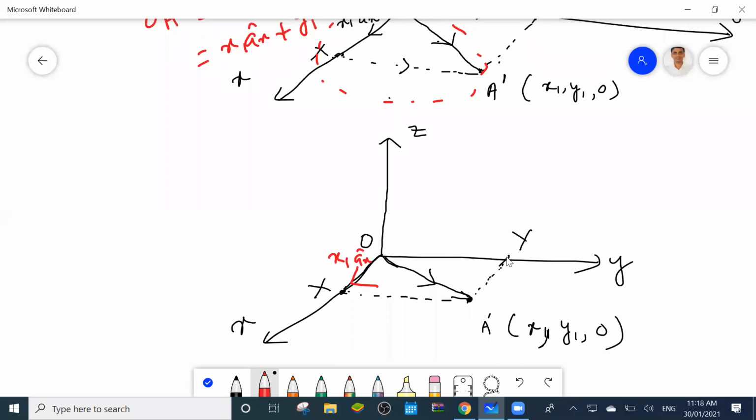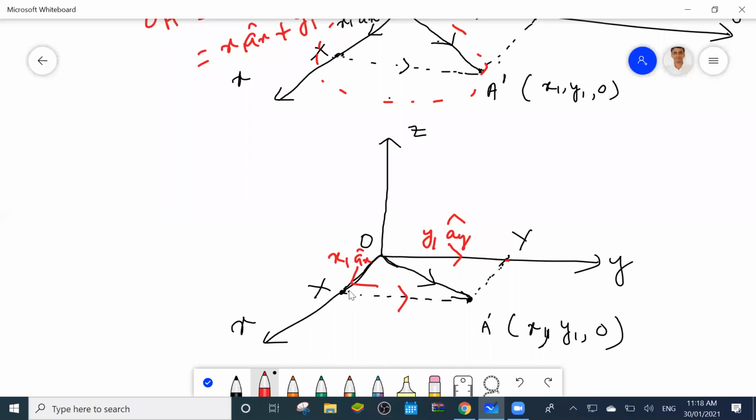Then if this is y, the corresponding point is y1, so OY vector is y1 ay cap, where ay cap is the unit vector along the y direction. OY and XA dash are parallel vectors with the same magnitude and same direction, along the y direction, so I can write the same vector here.